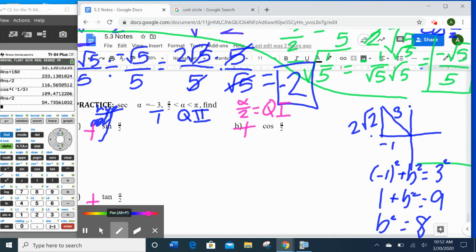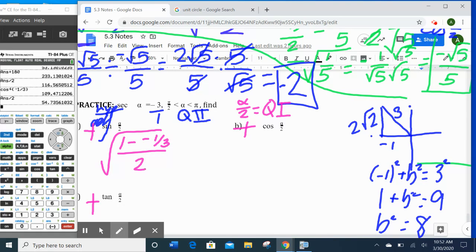So the sine of alpha over 2 is the square root of 1 minus the cosine of alpha, all over 2. The cosine of alpha is negative 1/3. So 1 minus negative 1/3 all over 2. So let's think about that numerator. 1 plus 1/3 is 3/3 plus 1/3, which is 4/3 divided by 2, which is the same thing as 4/3 times a half.